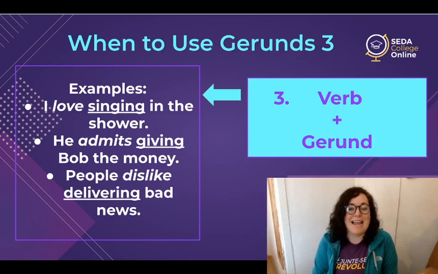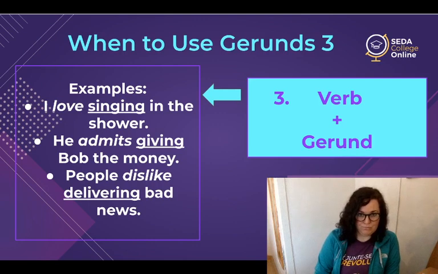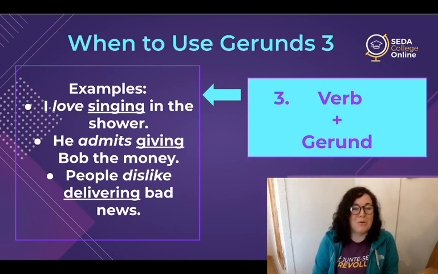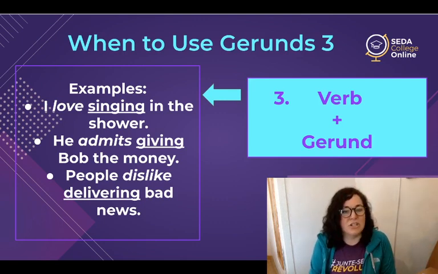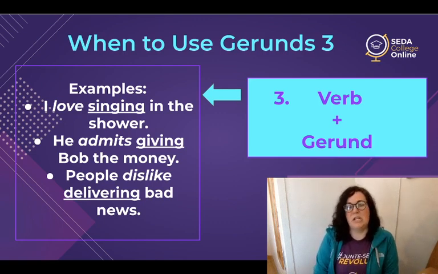People dislike delivering bad news. In general, most people do not like giving bad news if they're a good-hearted person. Or some people just care what other people think, so they don't want to be the bad guy. But sometimes you gotta give bad news. Nobody should like it, but sometimes you gotta do it. People dislike delivering bad news.